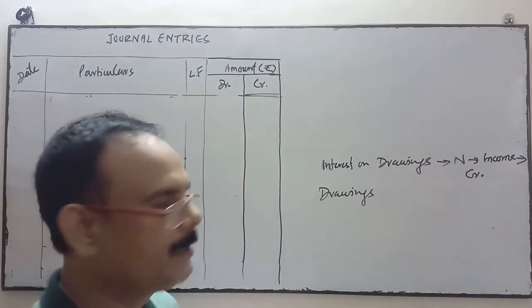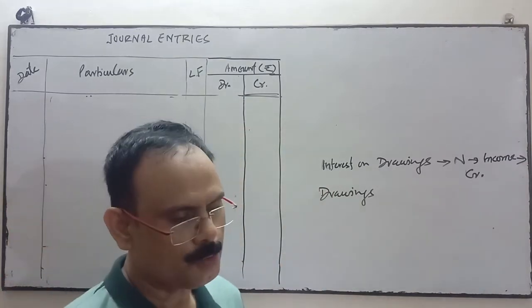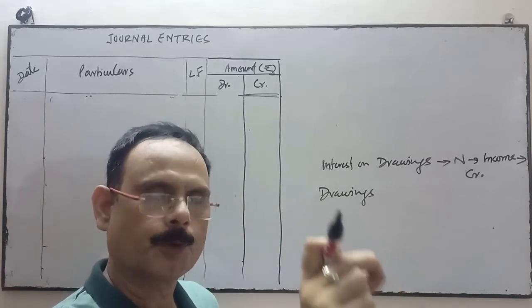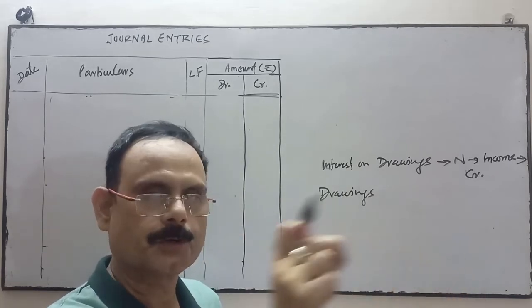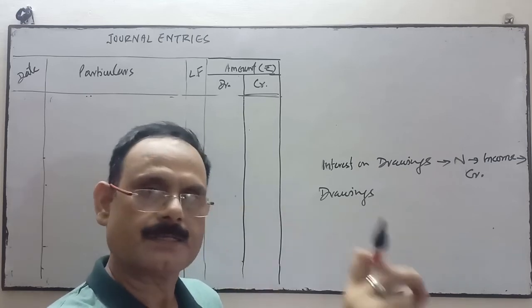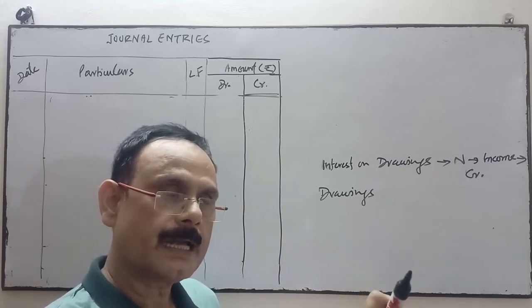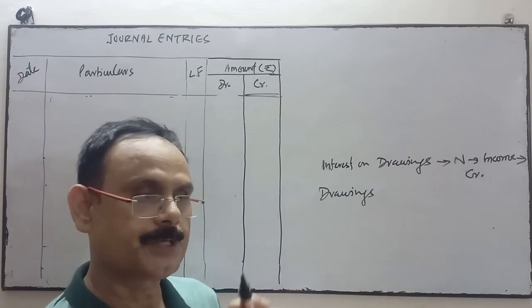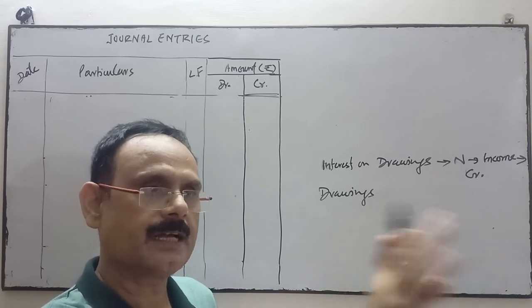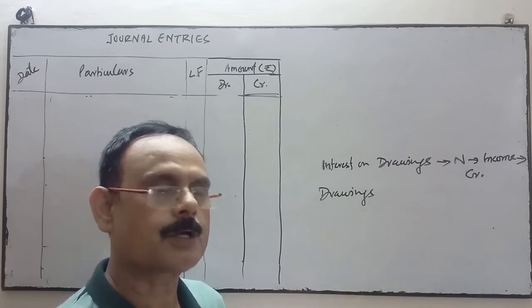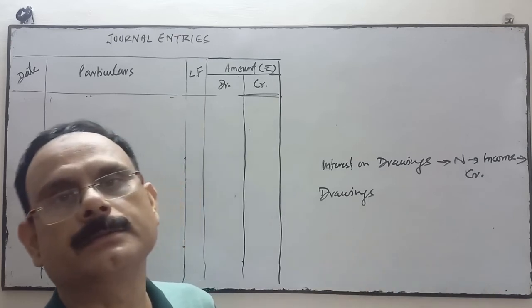This one is clear. Now come to drawings. So we have charged interest to the proprietor who has withdrawn money for personal use. We have charged 1000, that you have to pay 1000, but the proprietor did not pay that money.